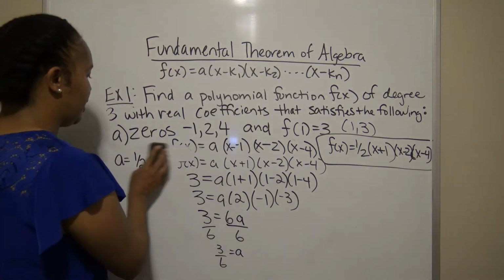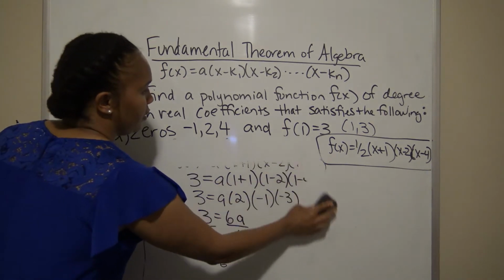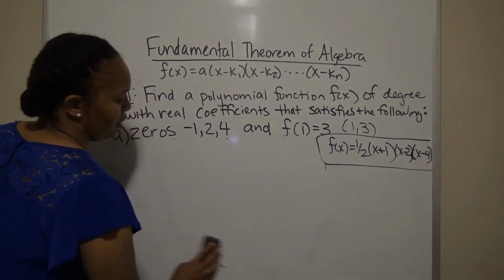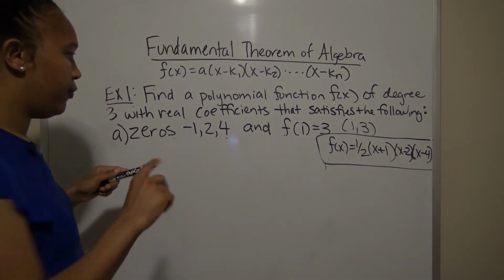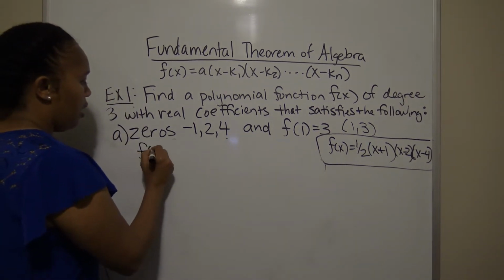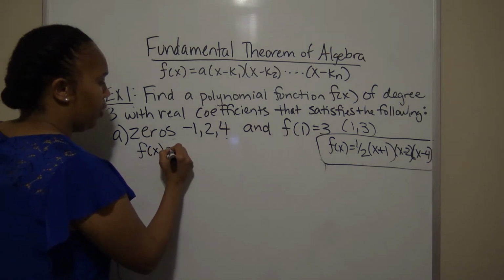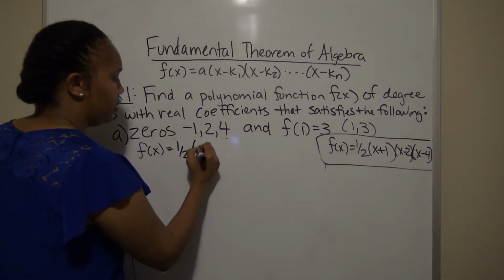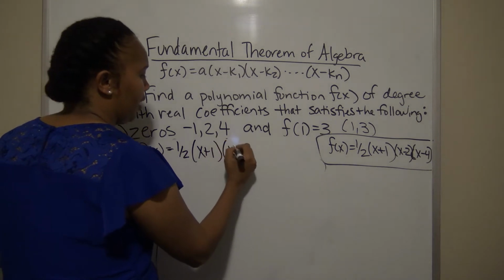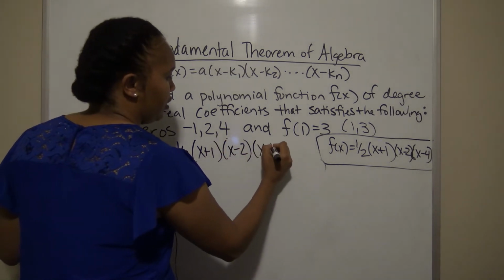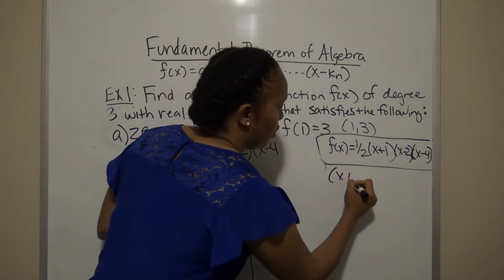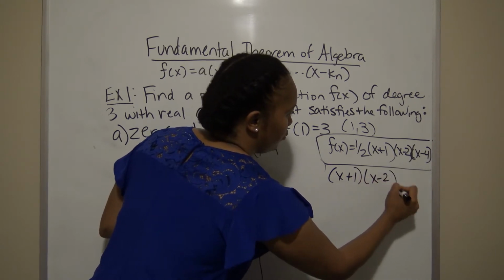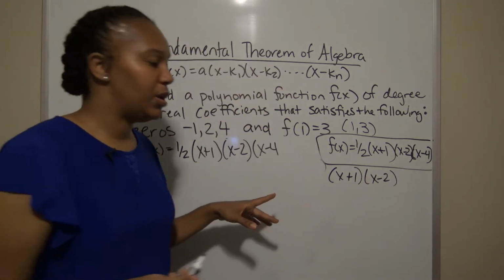So I'm going to erase this so that I can use this space to actually multiply that function out. So what I want to do is start with multiplying the first two, the x plus 1 and the x minus 2. And I'm going to do it over here on the side. What is x plus 1 times x minus 2? Well, that's two binomials being multiplied.